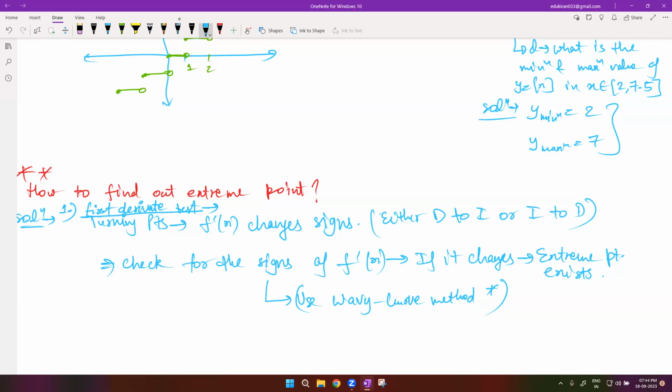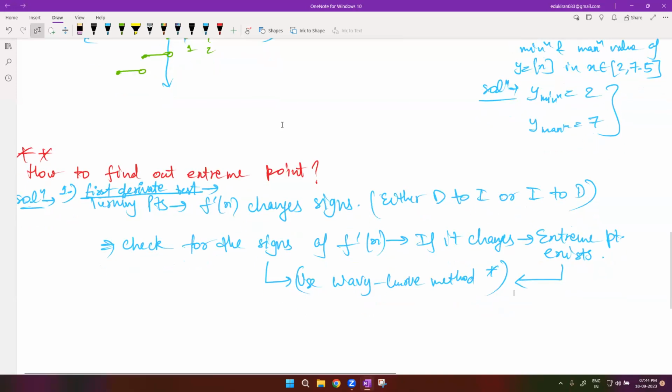Right? But if the signs of f dash x are changing, then there lies an extreme point, and to find them out, you use wavy curve. Extreme points can be directly obtained from wavy curve, right?